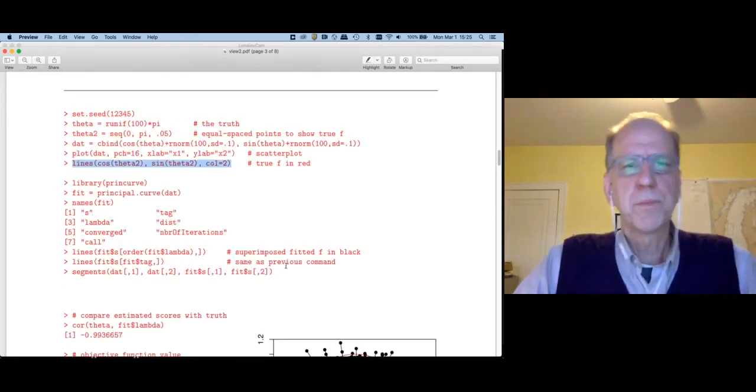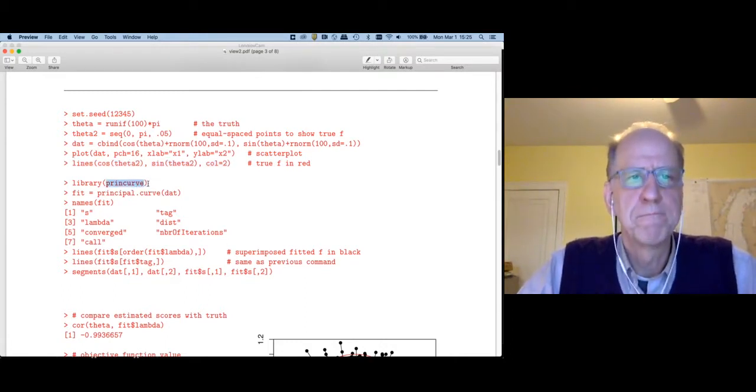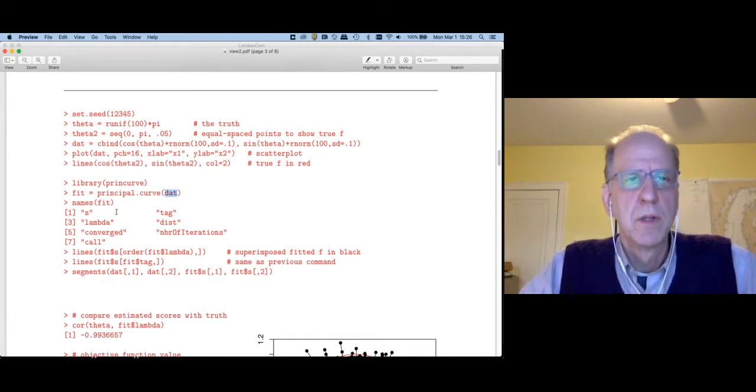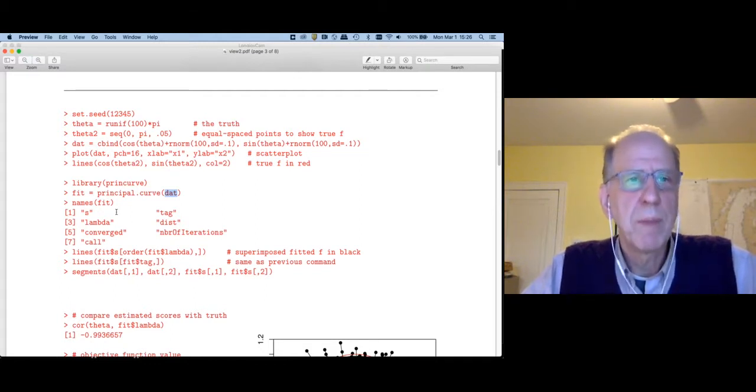So in order to use principal curves, we can download the principal curve library in R. So this was due to Trevor Hastie. And we estimate a principal curve simply by passing this X matrix to it. And we get a fitted object, which is a list. This fitted object only has a couple components, but unfortunately, the names of these don't match what is in my course packet.